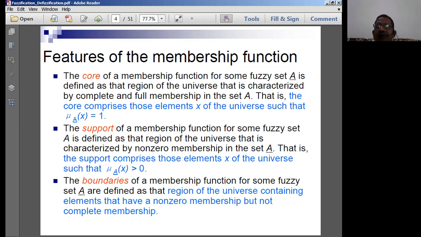It is similar to that. We don't bother what the shape is; it could be anything. But the only thing is we have to convey the concept of features of the membership function. That is the main agenda or main concept which we are going to have here, to speak about features of the membership functions.